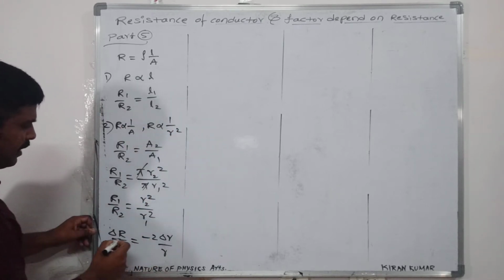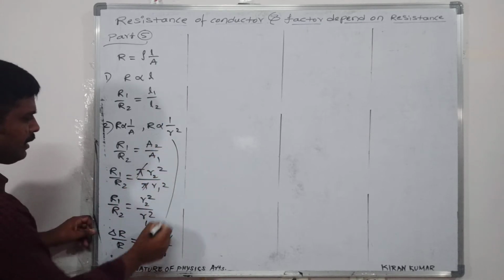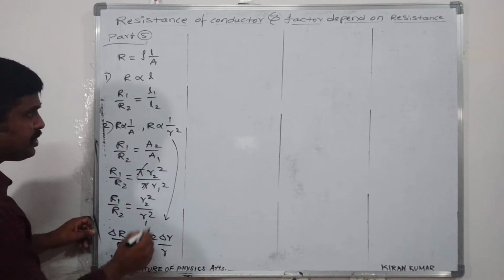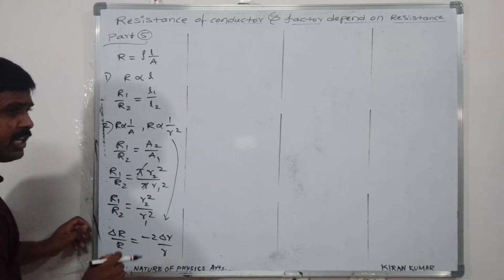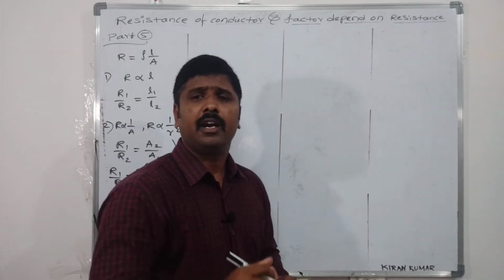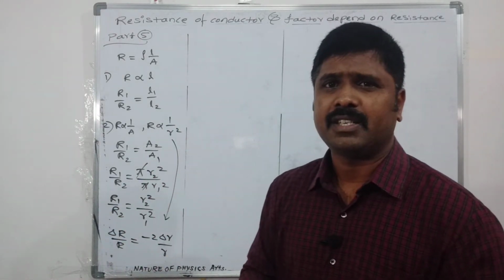From this formula delta R by R is equal to minus 2 delta r divided by r. Here small r is the radius and capital R is the resistance.